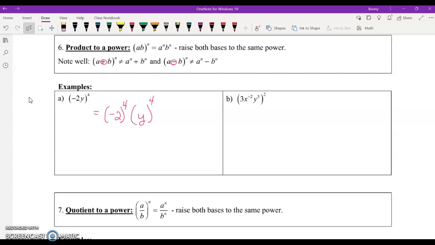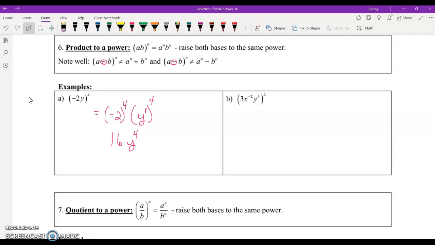Well, when I multiply that out, I just get 16, and that's a positive 16 because we have an even number of negative signs. And then y to the 4th power, we just drop the parentheses. The reason this is y to the 4th power is because, remember, this y by itself is going to be the first power, and 1 times 4 is going to give us a power of 4.